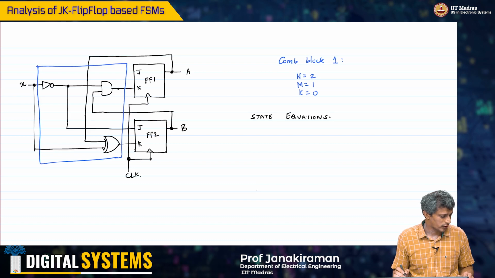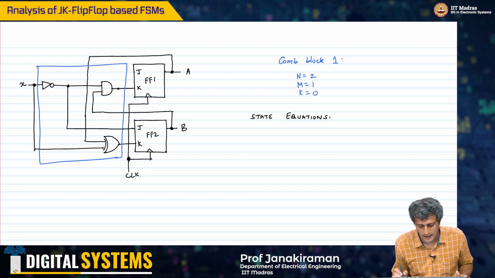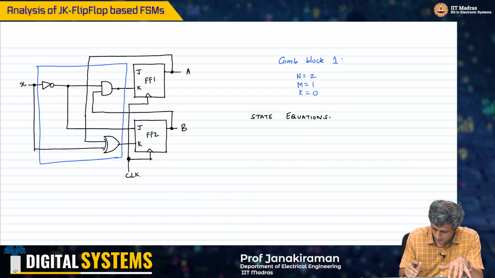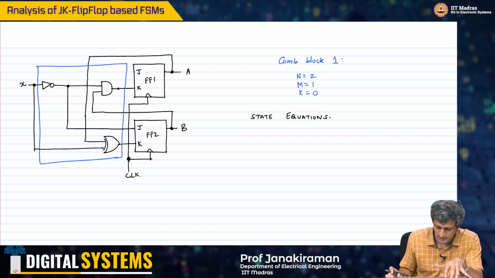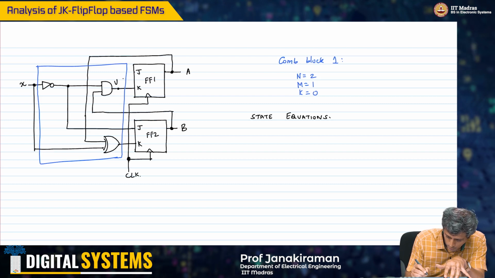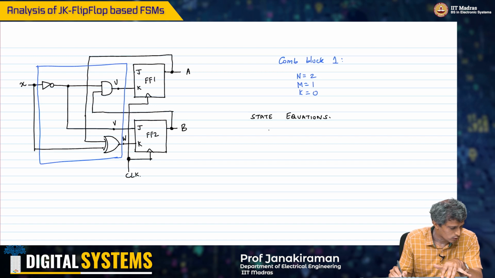So I will just call it A and B, and then define what is my next state. Let us look at these things. I'm going to call these outputs U, V and W.